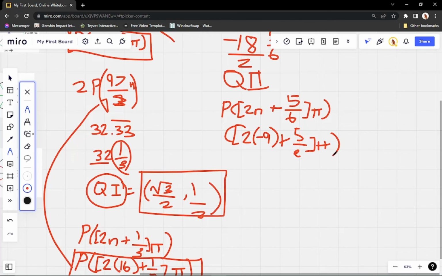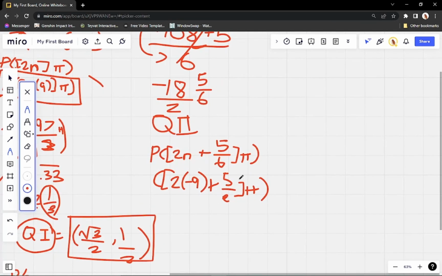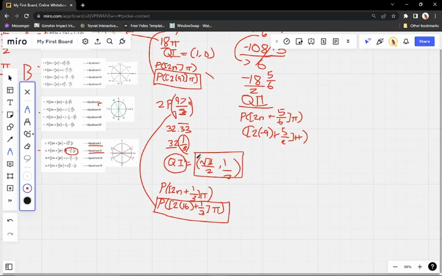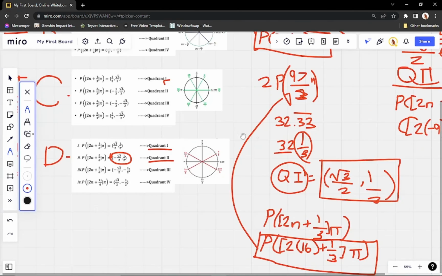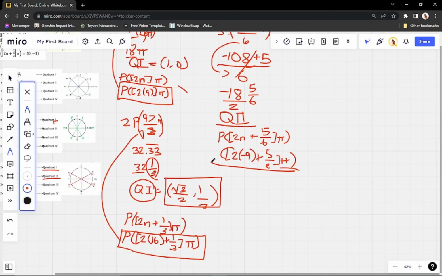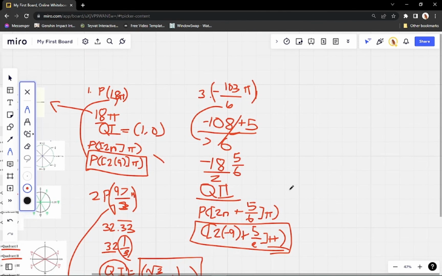We figured out that it belongs to quadrant 2. It has these corresponding coordinates, and if we input this in the calculator, it should give us negative 103 over 6 pi. That is all.